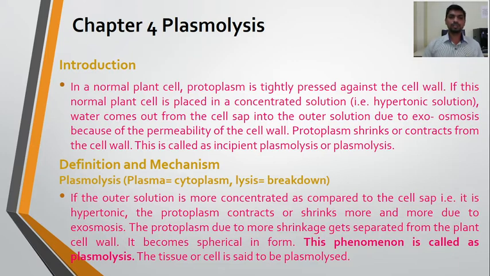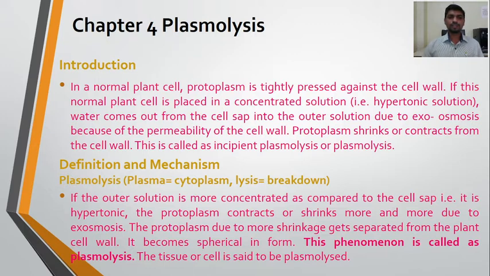If the outer solution is more concentrated as compared to the cell sap, so here cell sap is the solution that is found in the cell, more precisely in the cytoplasm, that consists of solutes dissolved in the water or solvent.